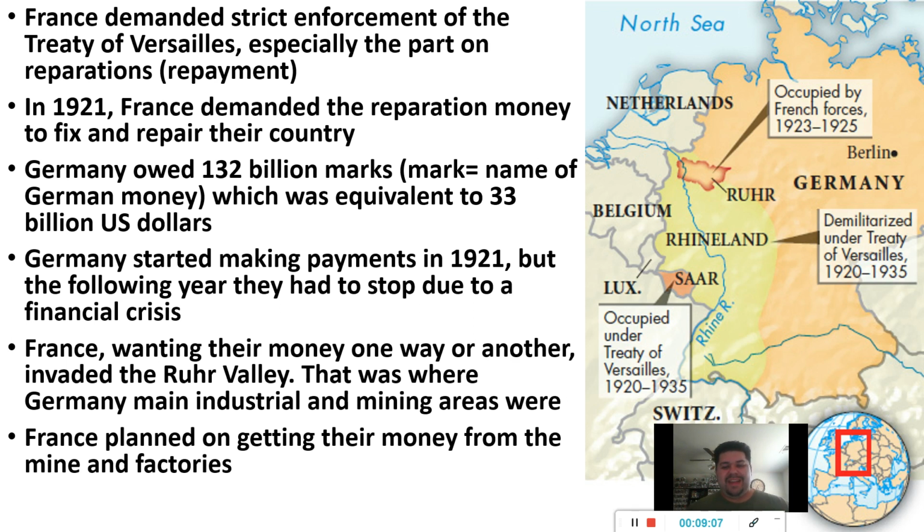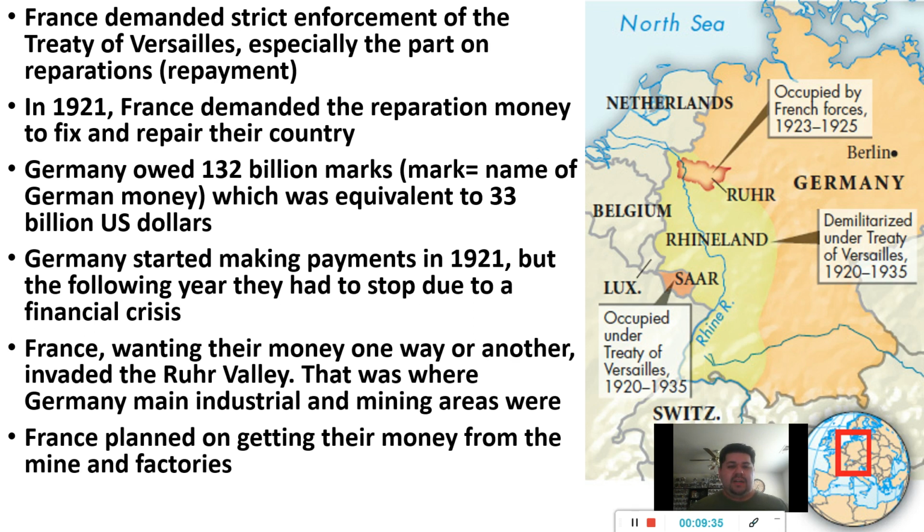All right. Under the Treaty of Versailles, Germany agreed to pay money to Britain, France, and others. So in 1921, France demanded the reparations to fix the country. Germany owed 132 billion marks. Marks is the name of the German money.